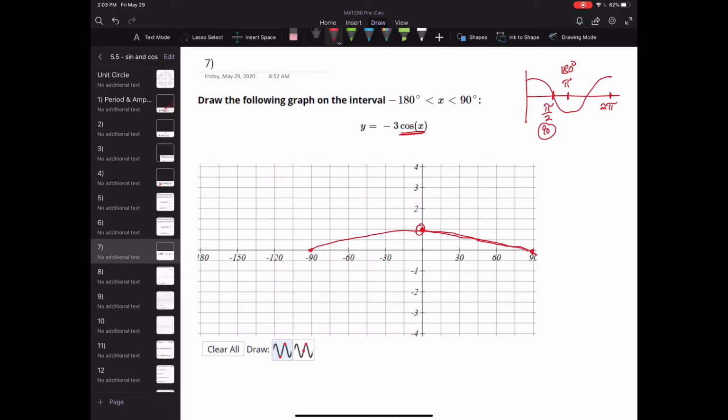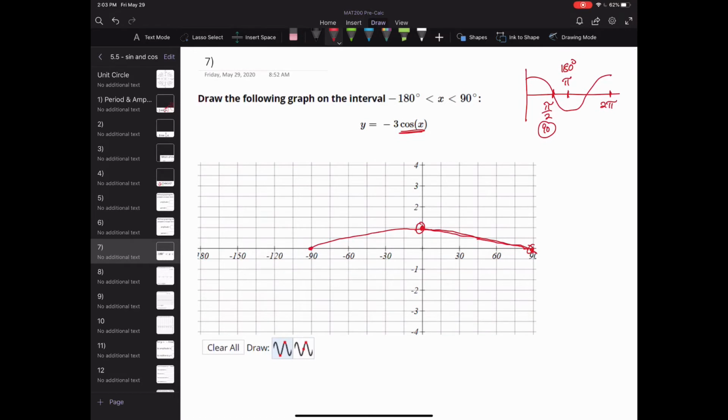Once you select this point and that point, it will automatically do the rest. But then the other benchmark point is 180, and since the amplitude is 1, at least with my standard thing right so far, it's going to reach that point. So that's all I'm going to do, and make it get to there. That's what it will look like from negative 180 to 90.